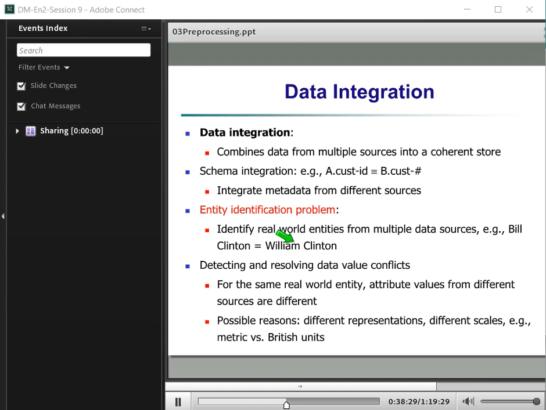In some cases, we have different sources of data with different attribute names. Those attributes have similar names and similar types, and there is no conflict between them.